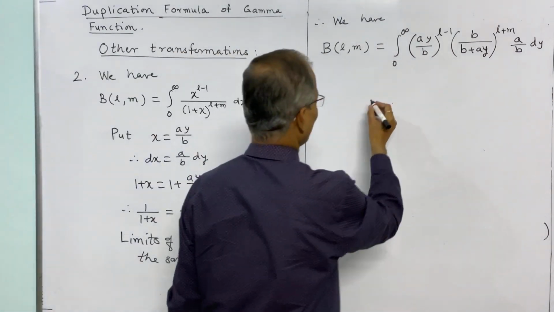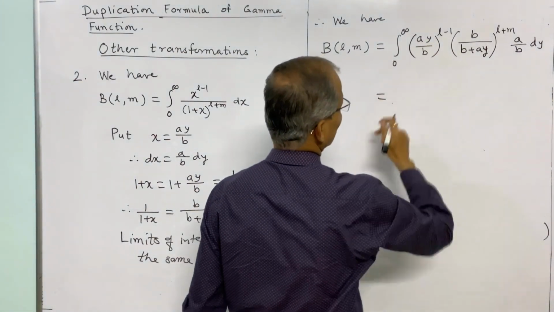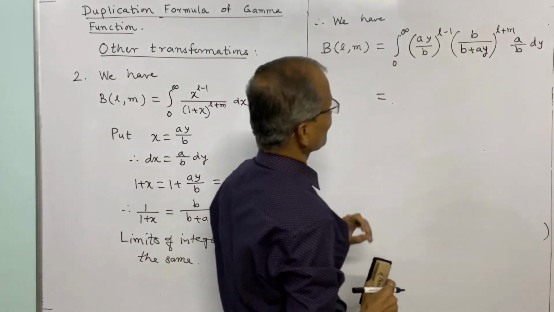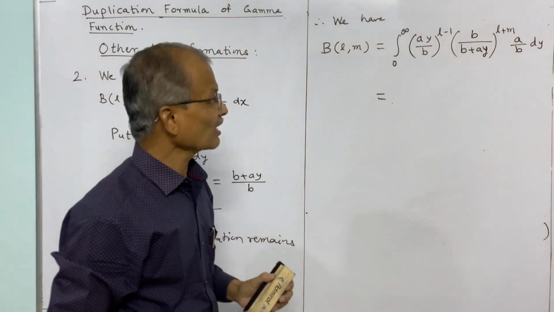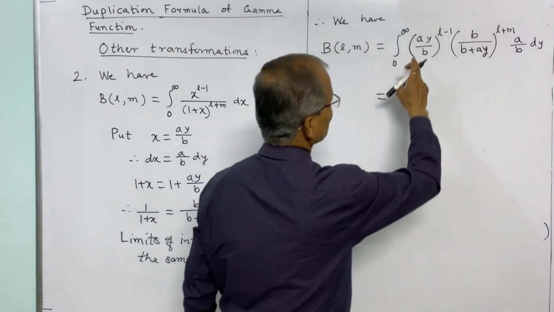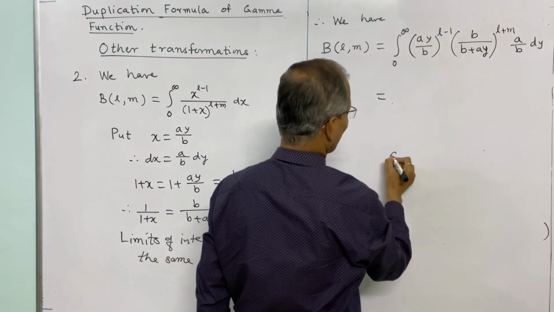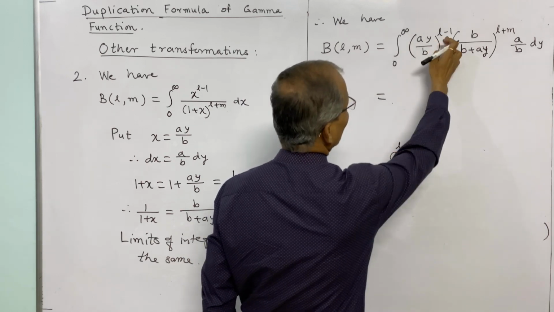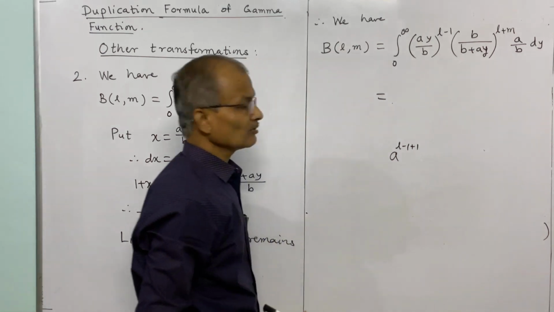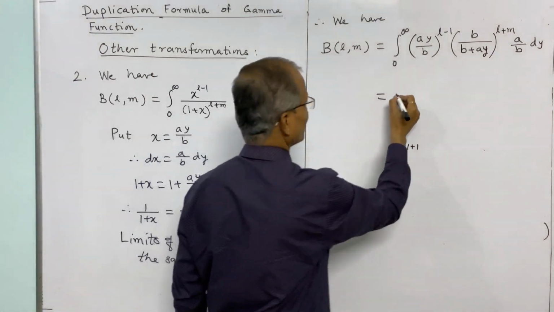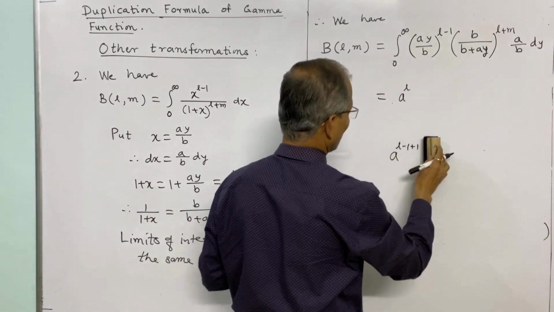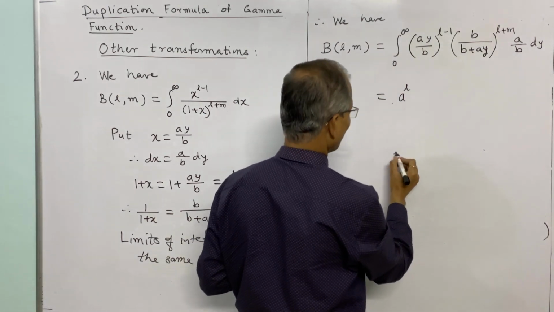And now we may check the constants here. A is constant and b is constant. We can write the constants outside, but before that, writing the constants, we check the power of these constants. Here a has power L minus 1, and then it is plus 1, so a to the power L is the term of it. And what about b? Now see the power of b.